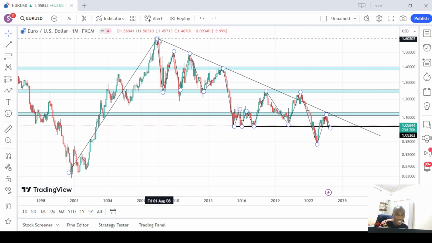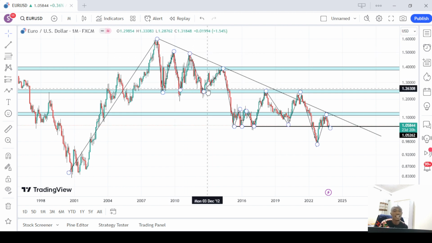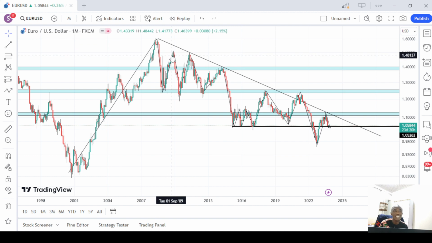It gave a high, then a low, a high, then a low, a high, then a low, then a high. But you can see that this high is higher than this high. So this is a higher low.